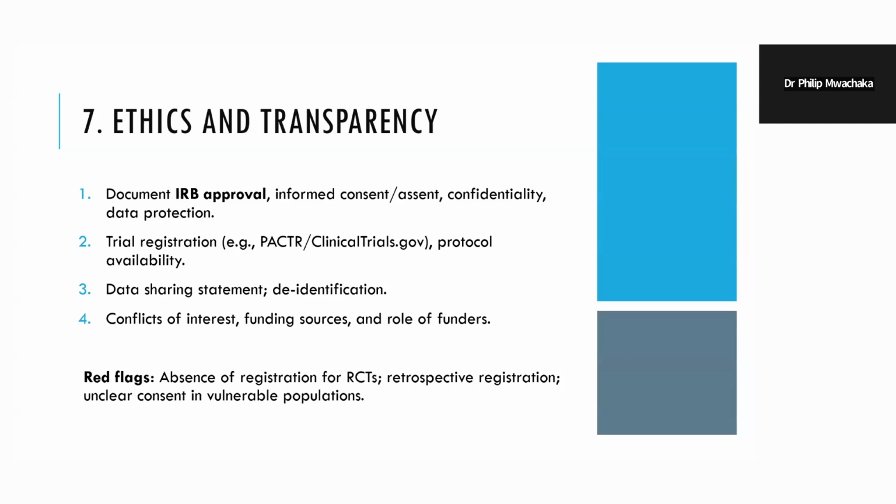And then was there any confidentiality? Okay. And also data protection. How did we secure the data? Did we have some forms of trying to lock this data, preventing it from access by other individuals who are not part of the study? And that has to be clearly stated.